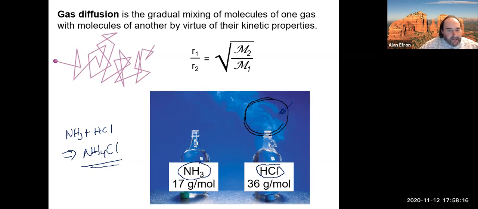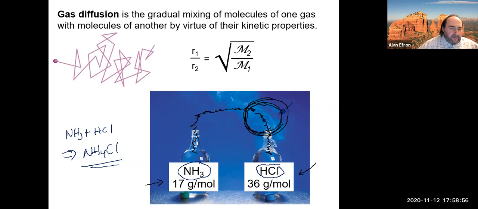The reason for that is what we just talked about in terms of the masses. We have our HCl, which is 36 grams per mole, and our NH3, which is 17 grams per mole. So we would expect the NH3 to be traveling a lot faster than our slower moving HCl. Because our NH3 is traveling a lot faster, it's going to find its way over to the other side. As our HCl comes out of the bottle here, it's going to be moving slower. That's why we see the mixing occurring over here closer to the slower moving HCl molecules.